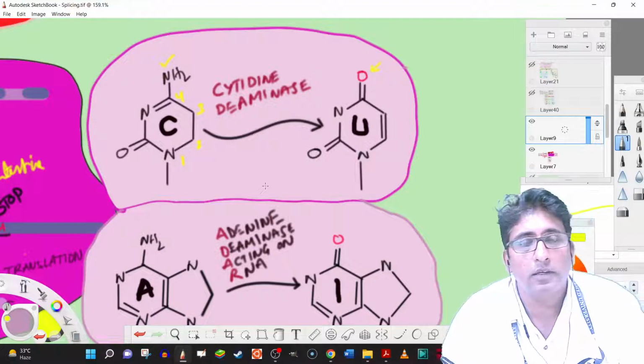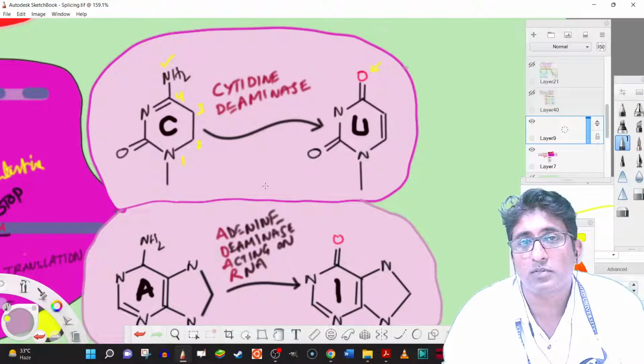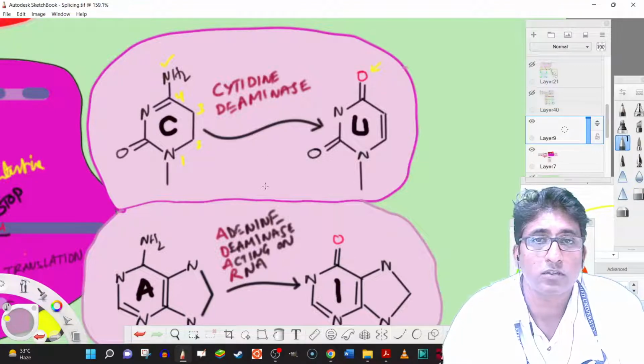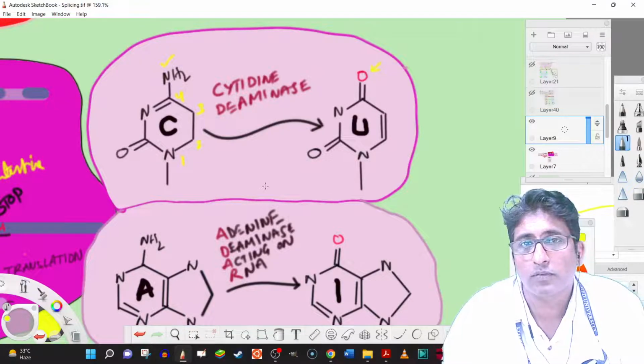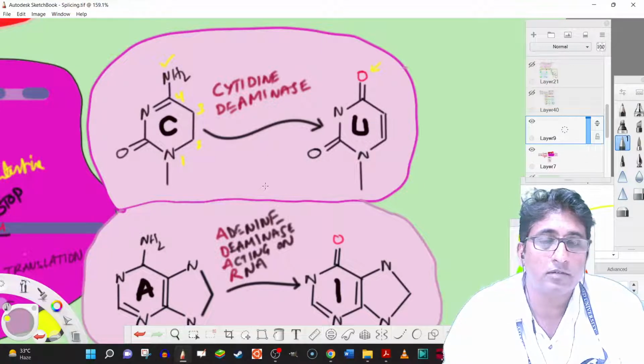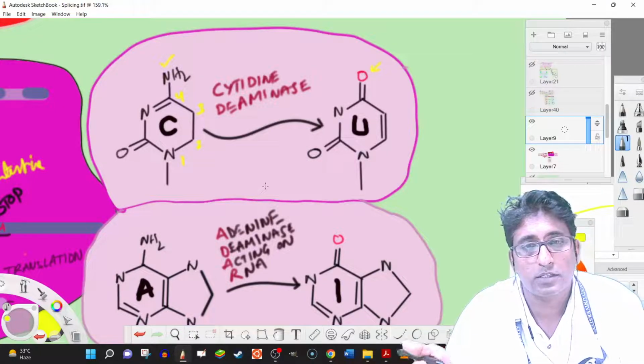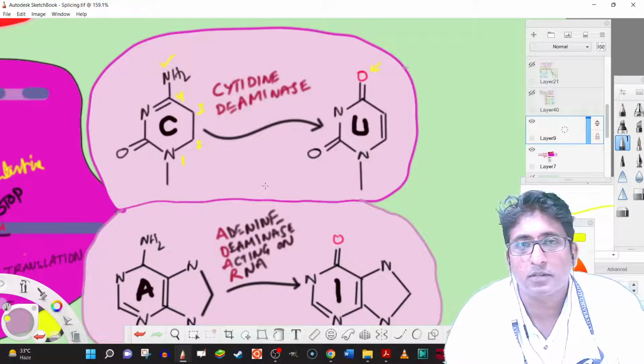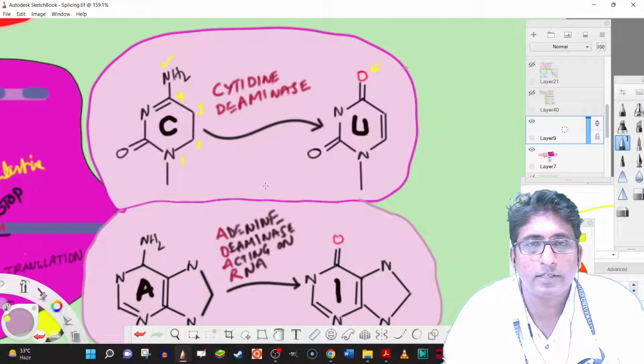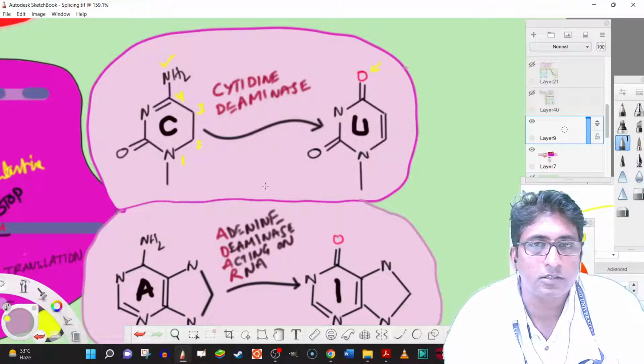As we've seen in DNA damage, spontaneous deamination of cytosine can result in uracil. There we have uracil glycosylase to eliminate uracils from the DNA, because uracil is not a normal nitrogenous base in DNA, whereas in RNA, uracil is a normal base.